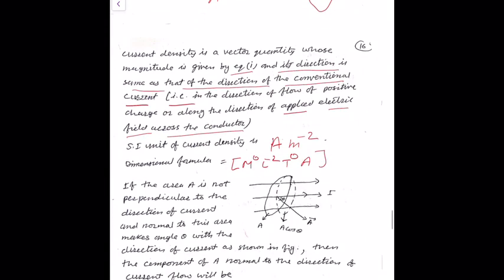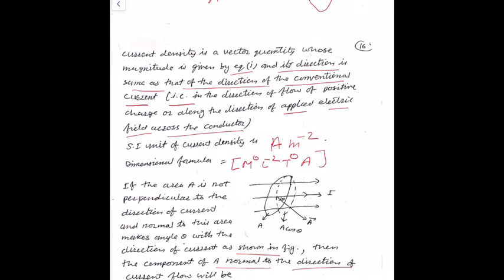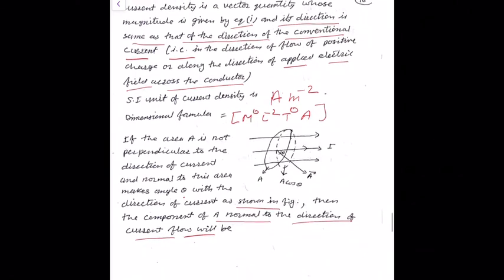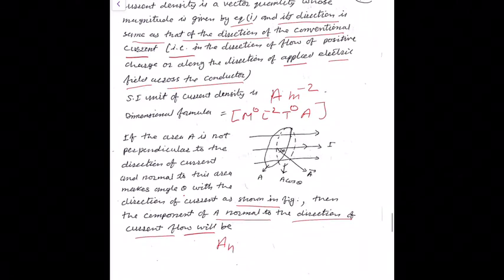If the area A is not perpendicular to the direction of current and normal to this area makes angle theta with the direction of current as shown in the figure, then the component of A normal to the direction of current flow will be An is equal to A cos theta.